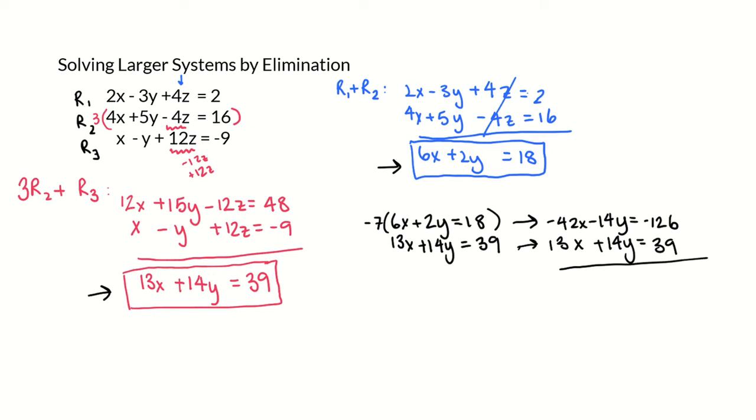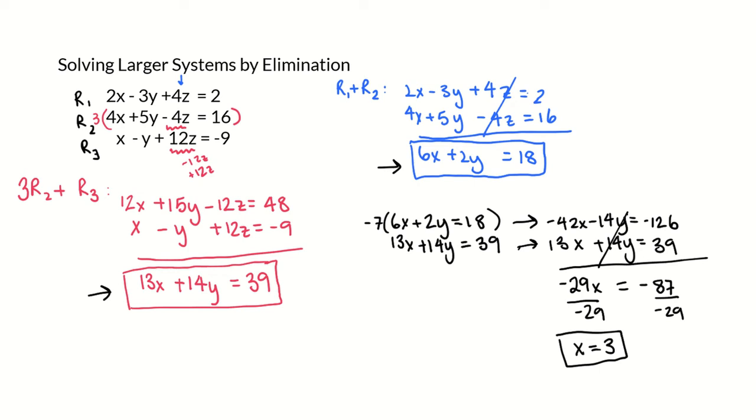Negative 42 plus 13 is negative 29x. The y's cancel, and negative 126 plus 39 is negative 87. And now we want to solve for x, so we're just going to divide by negative 29. And we'll get that x is equal to 3.